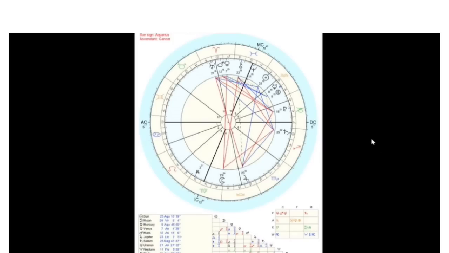Okay, so the first chart I want to have a look at is the event chart. So this is a horoscope erected for 2:07 p.m. in Delphi, Indiana on the 13th of February this year for that photo that you saw prior. So it's called an event chart.